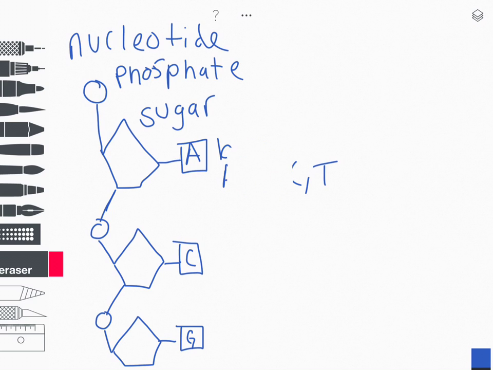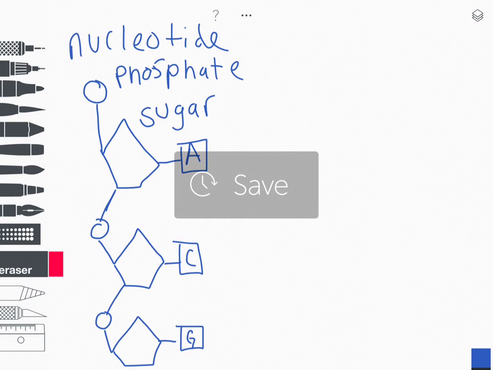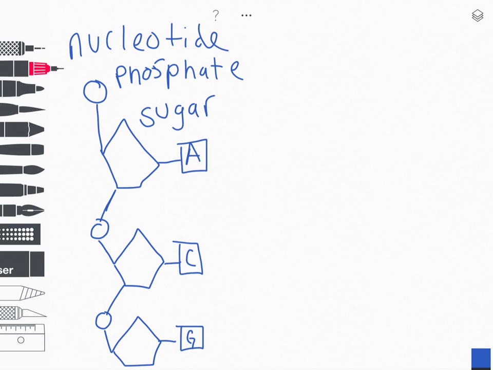Now DNA doesn't just exist as one strand. It usually exists as two strands tied together. And so what we'll see is that there'll be a second strand, but it'll run in the opposite direction. So if we start here, the phosphate down here, attached to a sugar, attached to a base, and then we add another one, phosphate, sugar, and attached to a base.